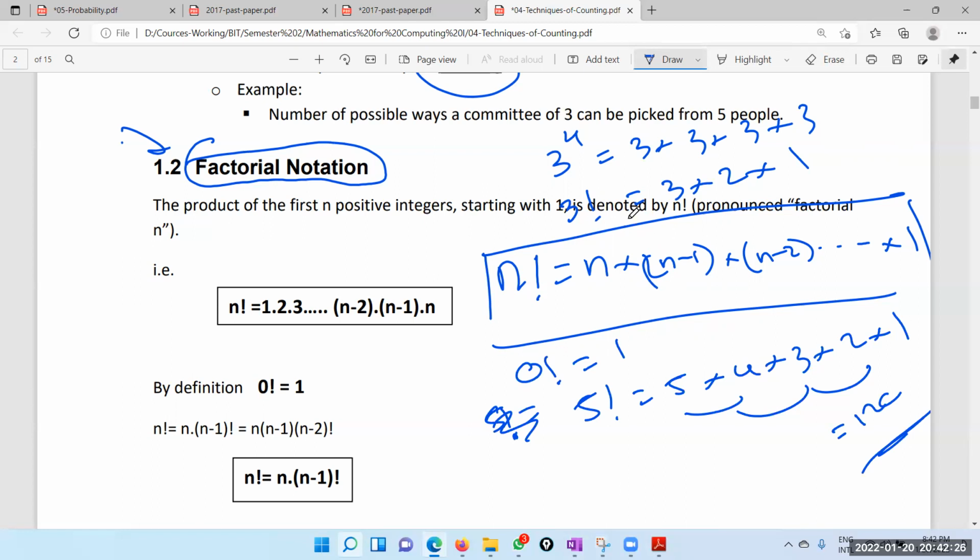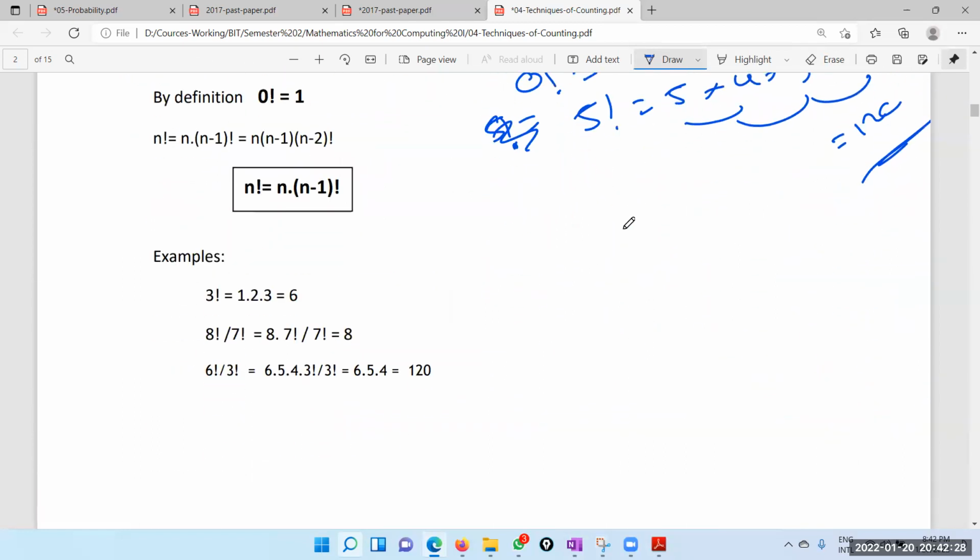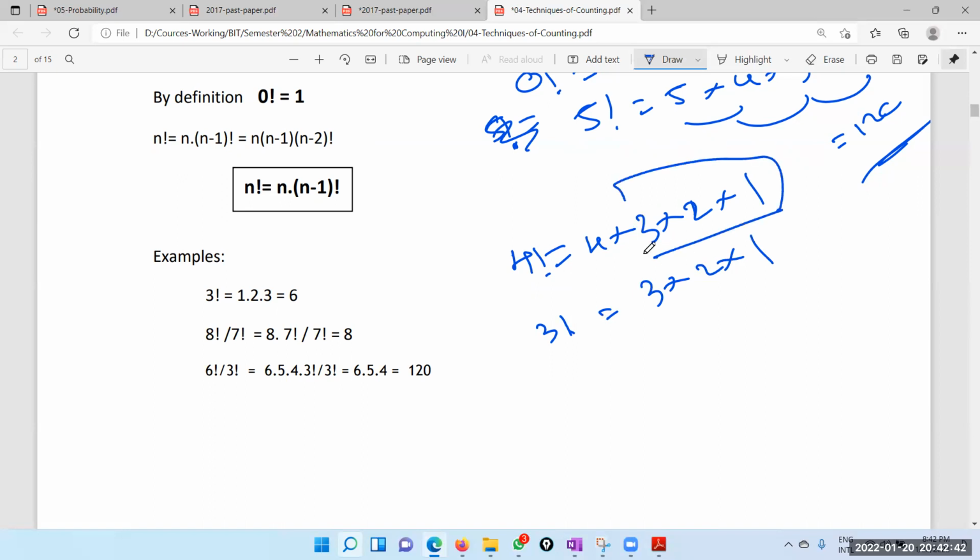Also you can see that factorial 4 is 4 into 3 into 2 into 1 by definition, and factorial 3 is 3 into 2 into 1. Therefore you can write factorial 4 as 4 into factorial 3. Similarly, factorial 5 is 5 into factorial 4.